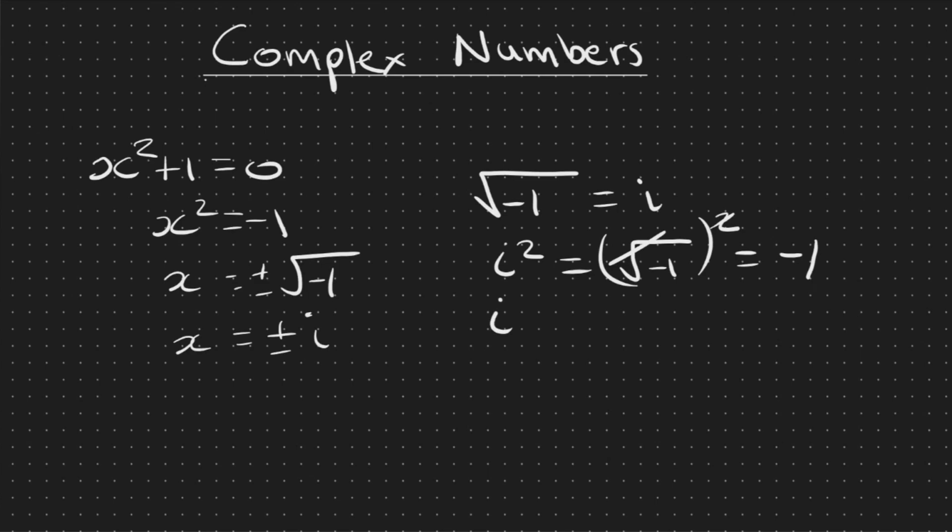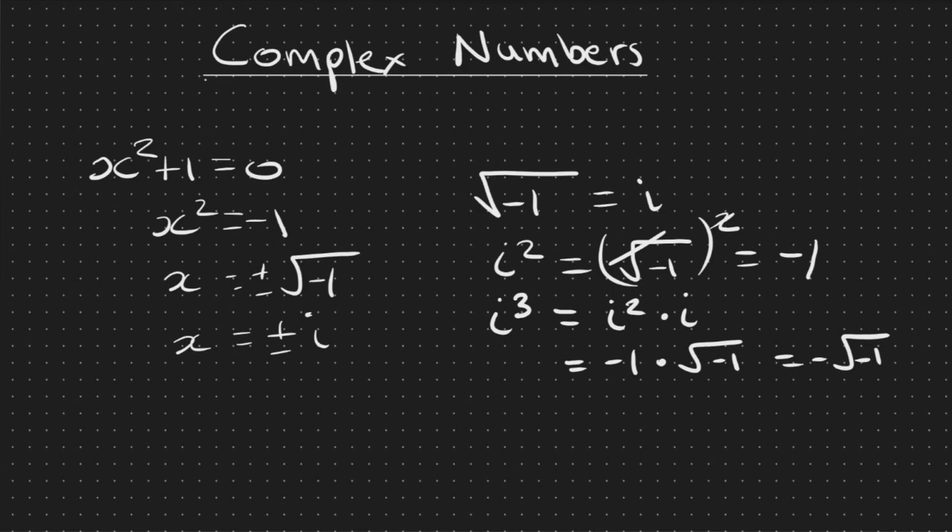What is i to the power of 3? Well, i to the power of 3 would be i squared times i. So you could say it's minus 1 times square root of minus 1, which is equal to minus square root of minus 1.